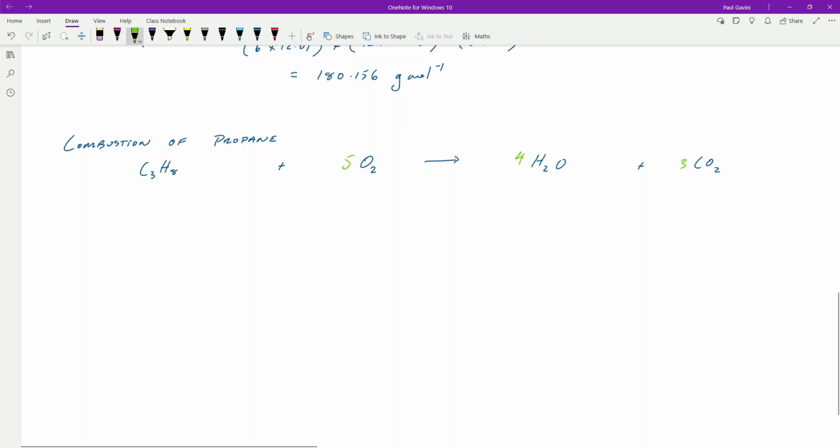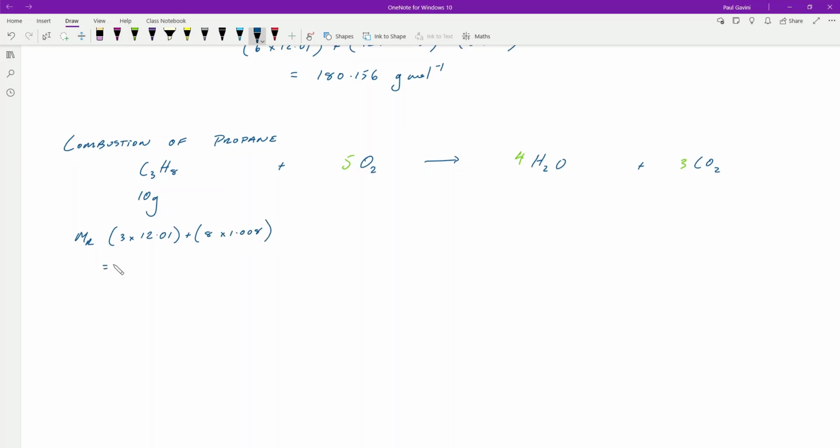Okay, so here's the question. How much carbon dioxide will I produce if I burn 10 grams of propane? Okay, so the first thing we need to do is to convert this into particles, aka moles. So what is the relative molecular weight of propane? So that's going to be 3 lots of carbon plus 8 lots of hydrogen.